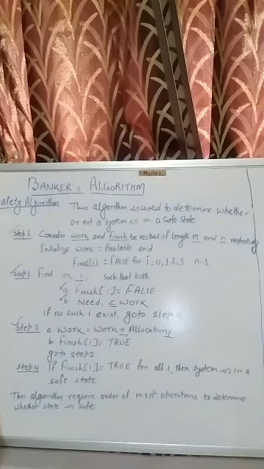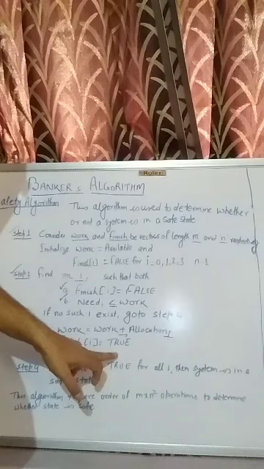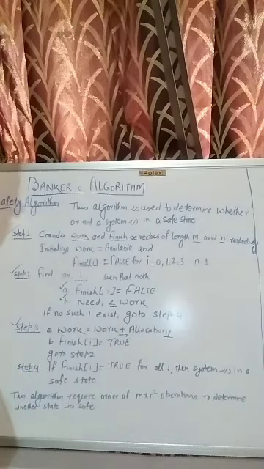Now, if such an I exists, then finish of I is updated to true, and we again go to step 2 for the next process.